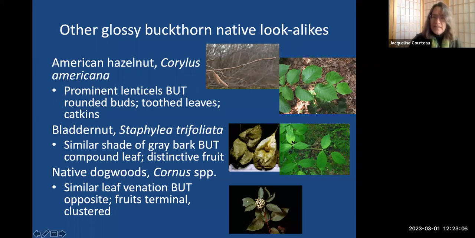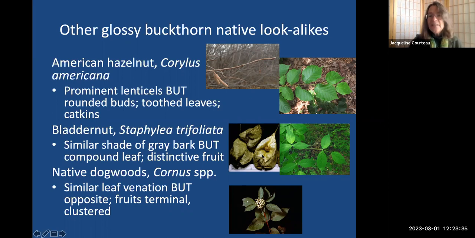Another that seems like it shouldn't be that confusing, but again, it has a similar shade of gray bark and may have some lenticels, although they kind of end up being more vertical striping as the bark matures. But bladdernut, Staphylea trifolia, can be a very similar shade of gray again, but first of all, it's a compound leaf, not a simple leaf. So see, it's a 3-leaflet, which is what trifolia means.